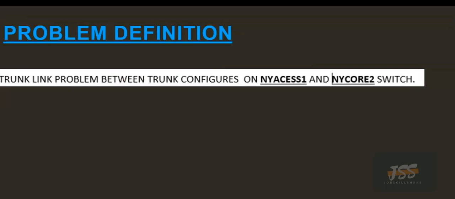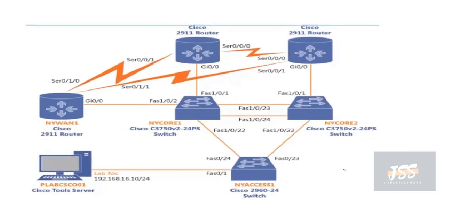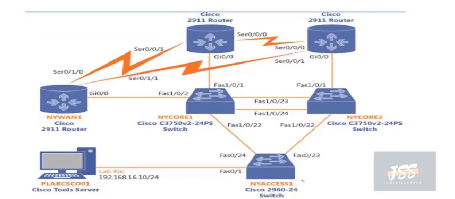So the problem definition of our task today is that there is a problem in the trunk link between the NY Access 1 and NY Core 2 switch. This is the topology of the practice lab. This is the NY Access 1 switch we will be using, and also the NY Core 2 switch.